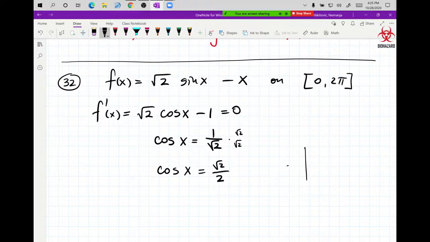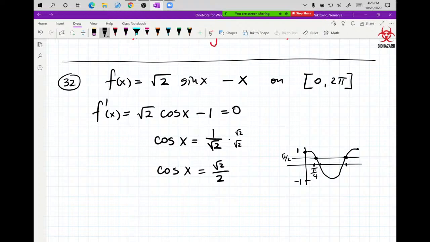So if you draw your cosine graph, going from 1 all the way down to negative 1, and then you draw the root 2 over 2, it intersects twice. At pi over 4, and so how much is that?